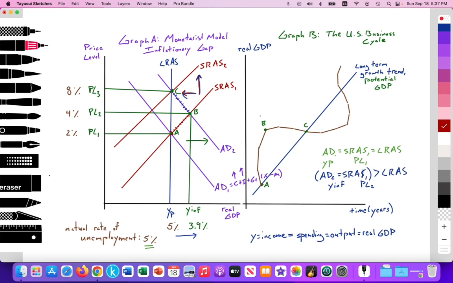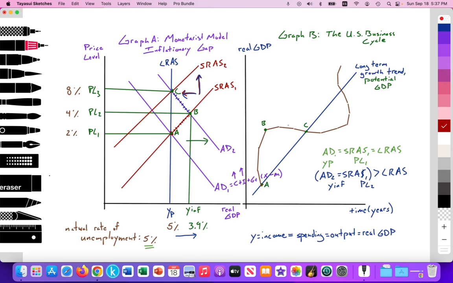That sets a new equilibrium at point C with a higher price level at PL3 and GDP falling from Y inflation to YP. The higher price level causes households to restrict the quantity of their aggregate demand from point B to C, or from Y inflation to YP.